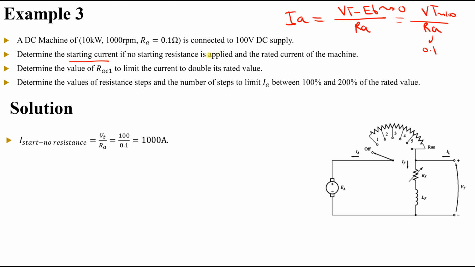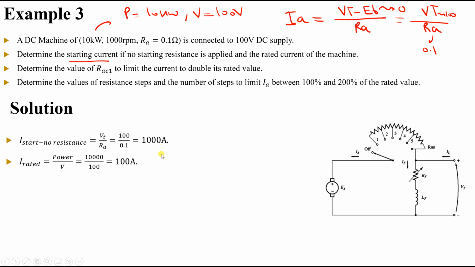What about the rated current of the machine? How can I get it? Very easy. As you can see, we have power equal to 10 kilowatt and voltage equal to 100 volt. So the rated current of the machine is 10 kilowatt divided by 100 volt, which gives us 100 amperes.